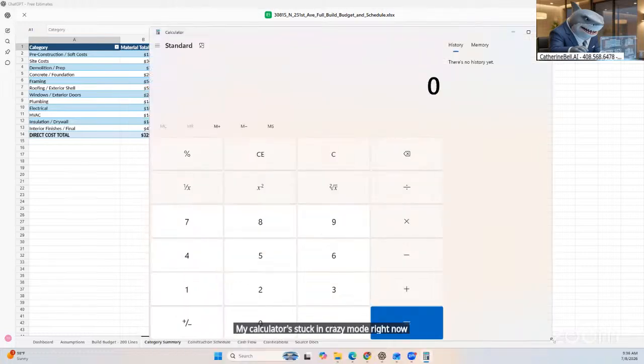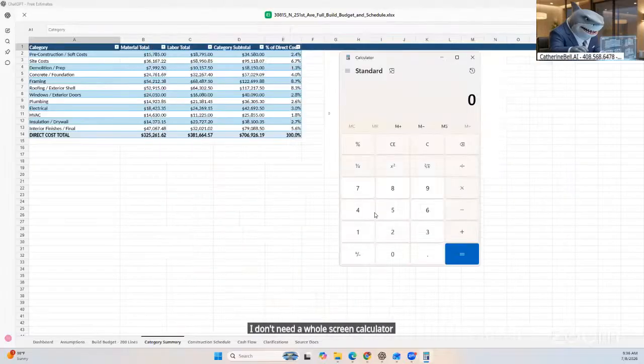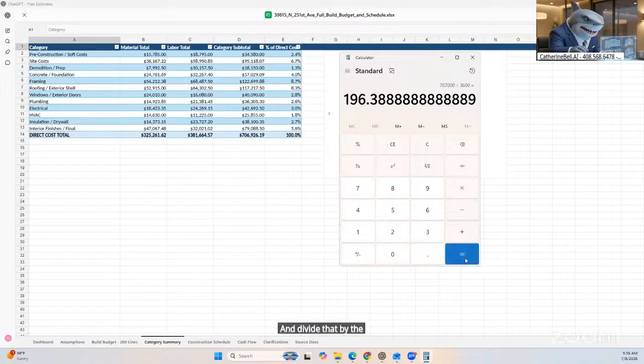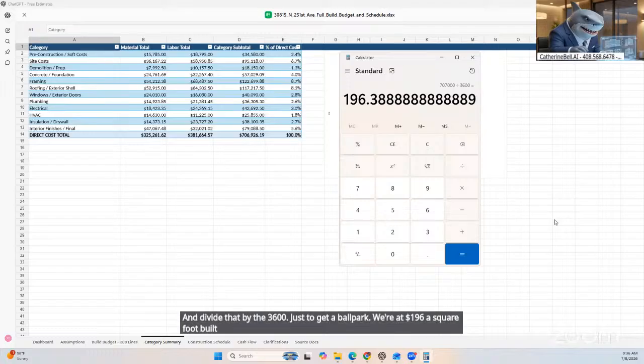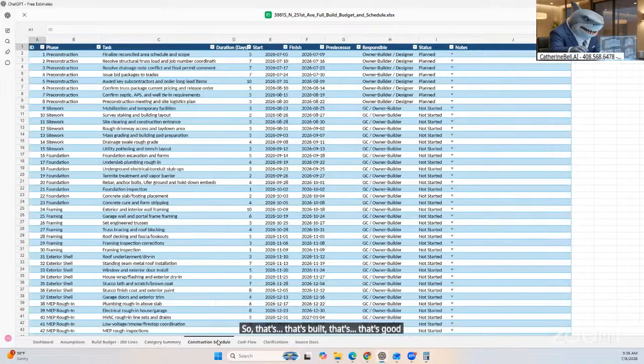Hold on. I don't need a whole screen calculator. So we're at 707 and divide that by the 3,600 just to get a ballpark. We're at $196 a square foot built. That's good materials, great finishes, stuff like that.